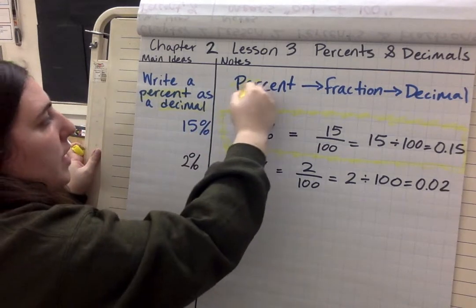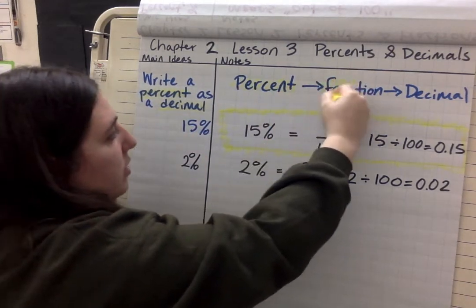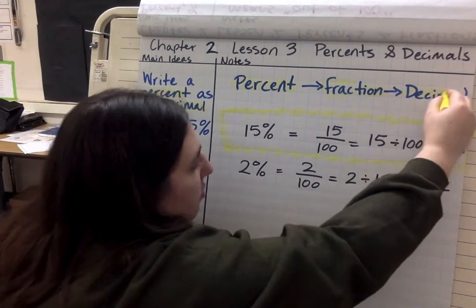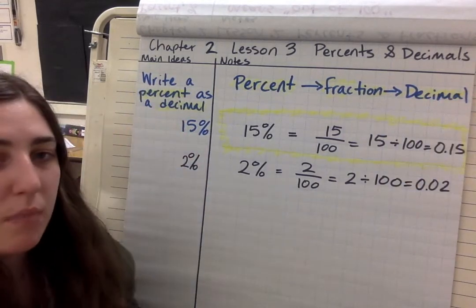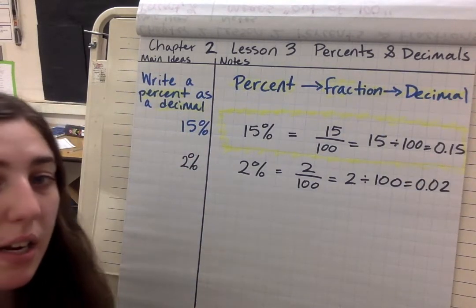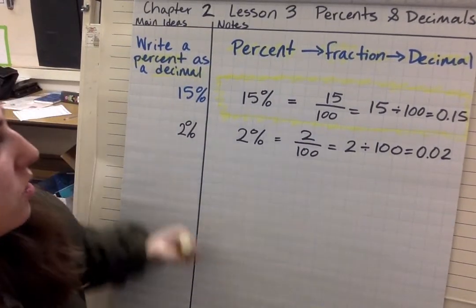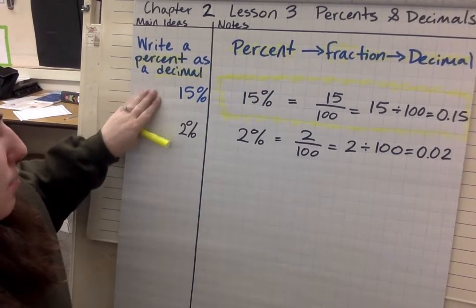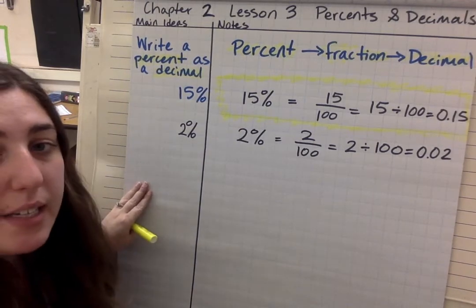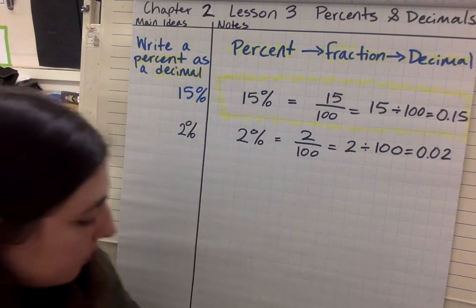Okay, so percent, go to fraction. From fraction, you go to a decimal. Okay, let's learn a different strategy now. Pretty much the same, but now, so we've learned how to write a percent as a decimal. Now we need to learn how to write a decimal as a percent.